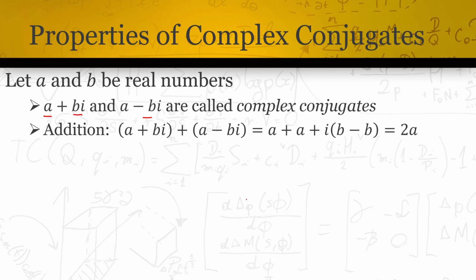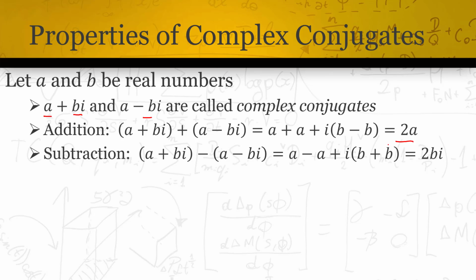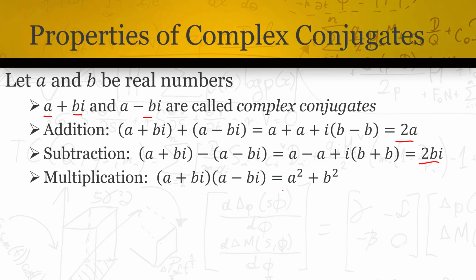They have a couple of properties in addition. One is if you add them together, you get a purely real number, and its value is equal to 2a. If you subtract them, you get a purely imaginary number, and the value is equal to 2bi. But the most important property is this, and this is the property that I want you to pay attention to. It's multiplication.